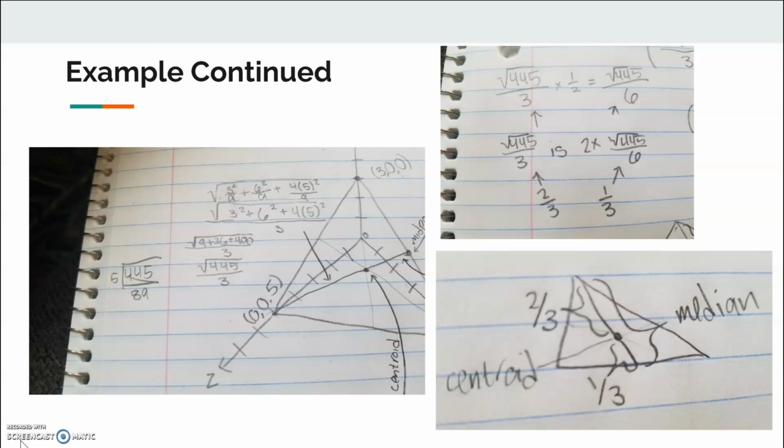This shows that the square root of 445 over 3, or the distance between the vertex and the centroid, is double that of the square root of 445 over 6, or the distance between the centroid and the midpoint. This is true for any median because the distance between the centroid and the vertex is 2/3, and the distance between the centroid and the midpoint will be 1/3 of the entire median.